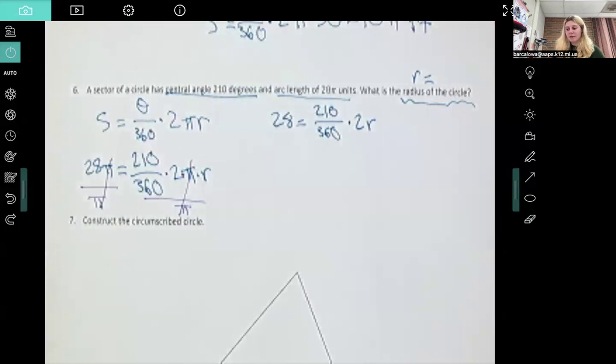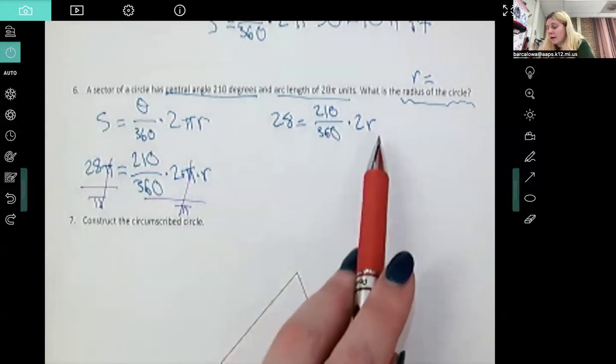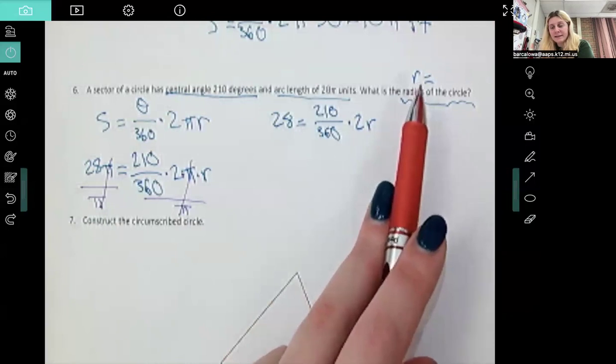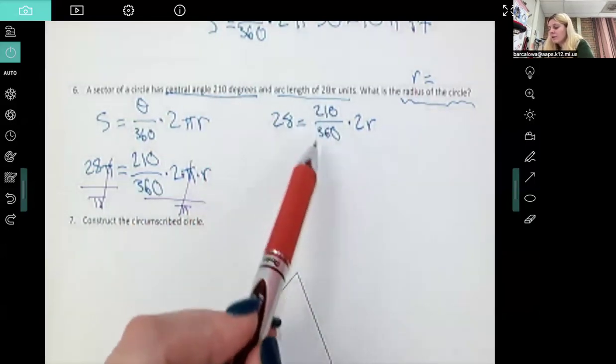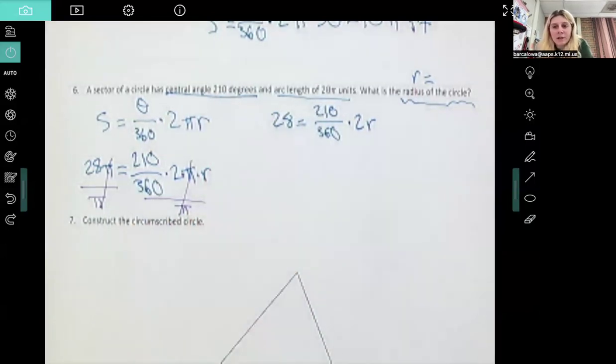Your teachers might have given you different methods to handle this. Use your algebra solving skills. I'm trying to get r all by itself. To get rid of this fraction, you can multiply by the reciprocal. What do I mean by that?